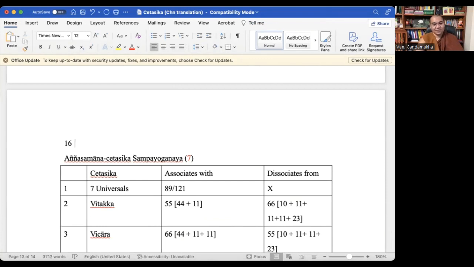Sampayoga method means Naya. 16 Sampayoga Nayas are available in the 52 Cetasika. The Sampayoga method is the method with which we can understand which Cetasika associate with how many Citta. So today we roughly finish the 16 Sampayoga methods.